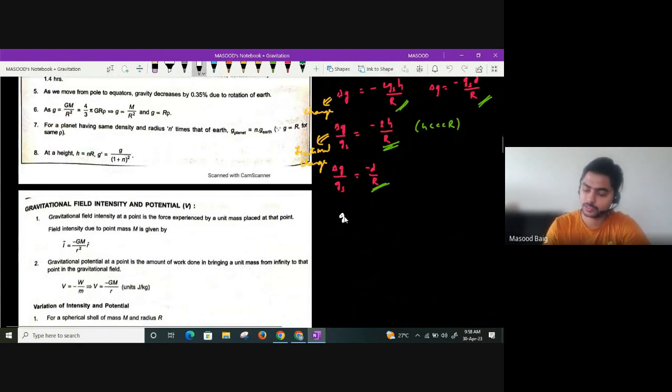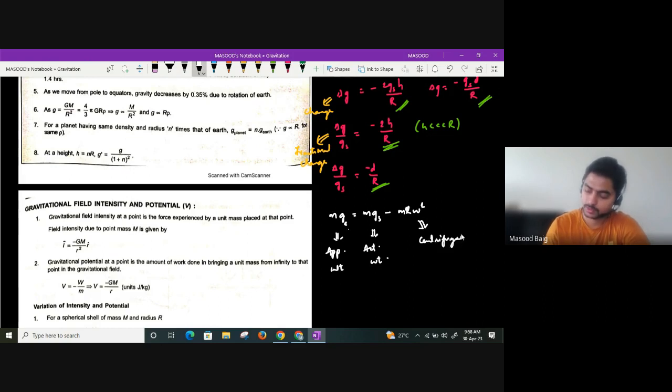I'm going to get m into g at equator, which will be equal to m into g at surface minus m r omega square. So this is called your apparent weight, beta. What is m into g at surface? This is your actual weight. And this will be the centrifugal force at equator, guys.